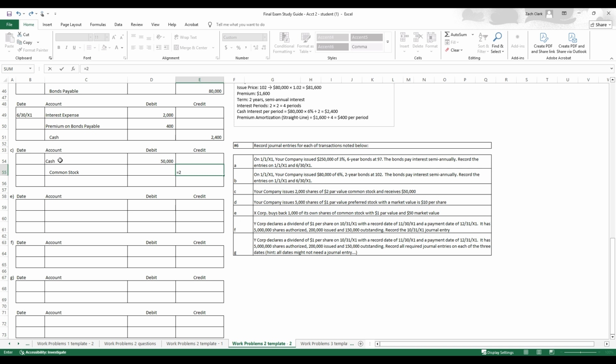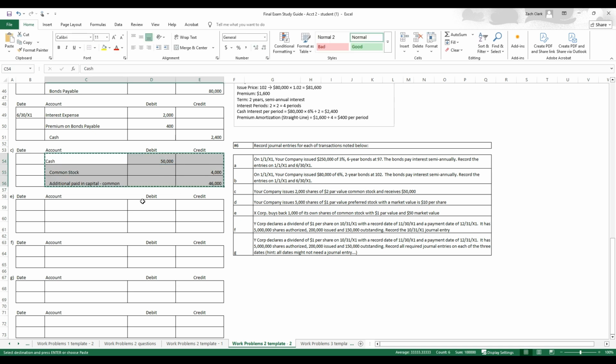So it was $2 par value times 2,000 shares, so 4,000. And then the additional paid in capital, we'll say common, will just be the difference between the actual cash we received and the par value of the stock there.